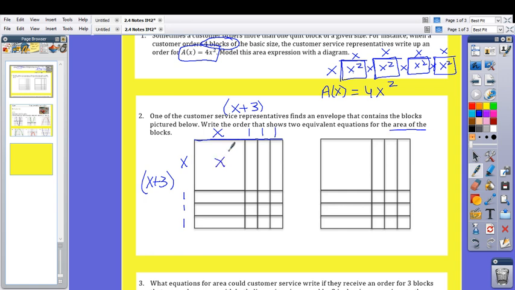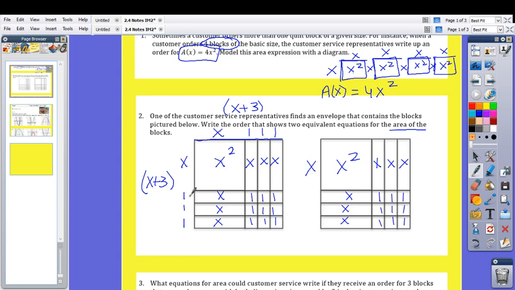Then inside area will be x squared, and these 3 are x's, because x times 1 is x, and then all these are 1's. Okay, same thing here, so you will have x squared, x, x, x, and then these all are 1's.